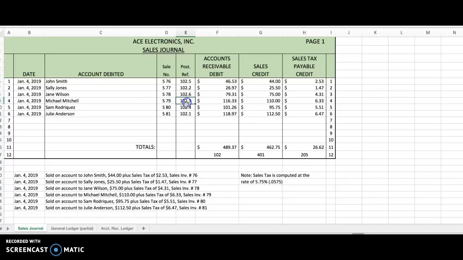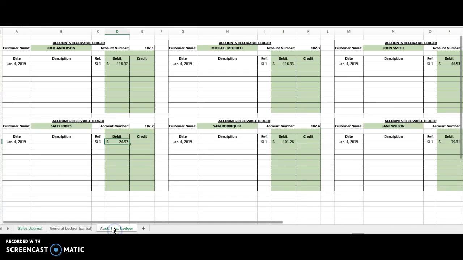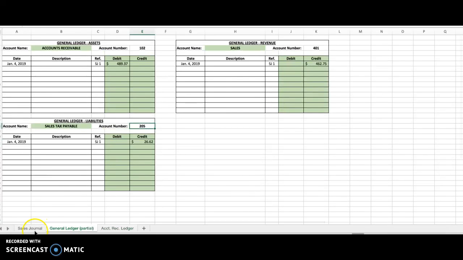Jane Wilson, Michael Mitchell, Sam Rodriguez, and Julie Anderson the same way. So all of those are posted to the individual subsidiary ledger, and that's what this ledger is called, a subsidiary ledger. There's also another one, called the accounts payable subsidiary ledger, which would list creditors, people we owe money to. So we're not doing that in this problem.